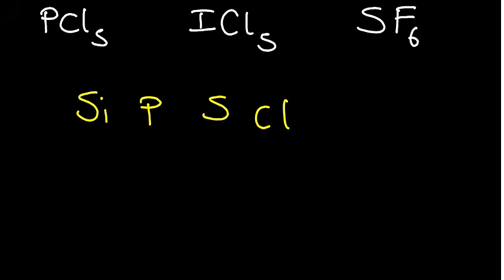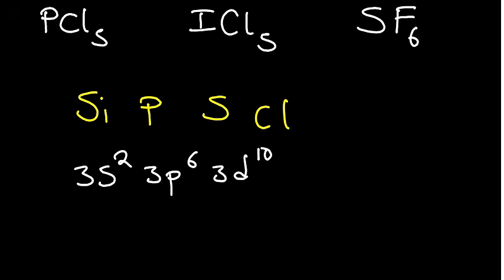Why? As we look at electronic configuration, in the third period we have 3s2, 3p, and 3d.